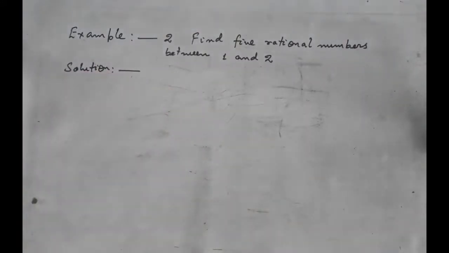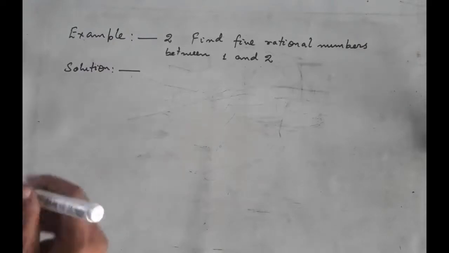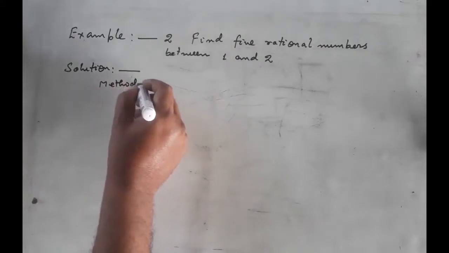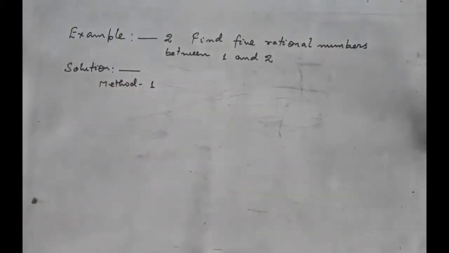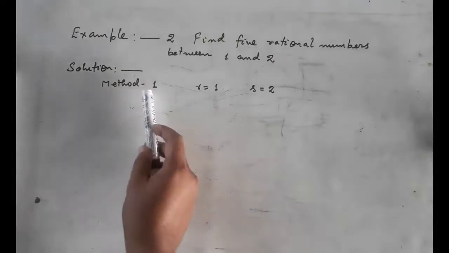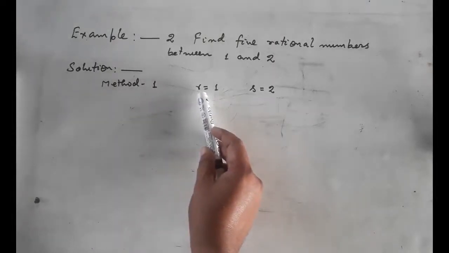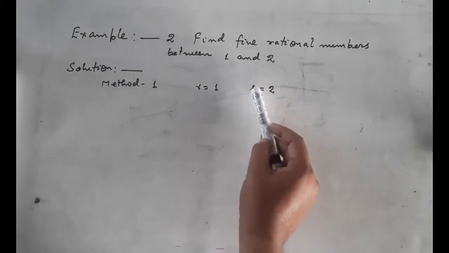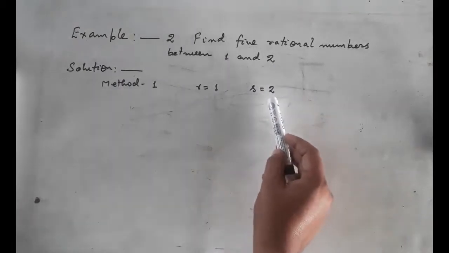We can find it with two methods. Method first. In the first method, let us take r equal to 1, the first number, and s equal to 2, your second number.